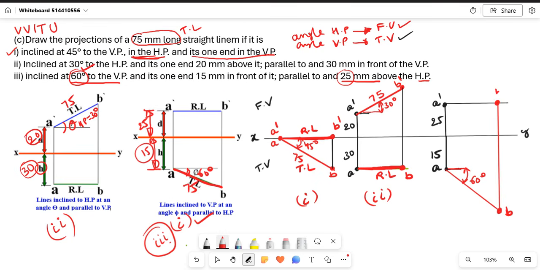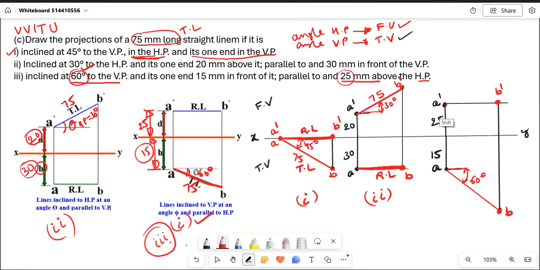Exactly this point will become B dash. So this is the final front view. That is what we call the reduced length in the front view. This must be darkened. Similarly, in the top view, this must be darkened. So this is the expected solution for the third case.